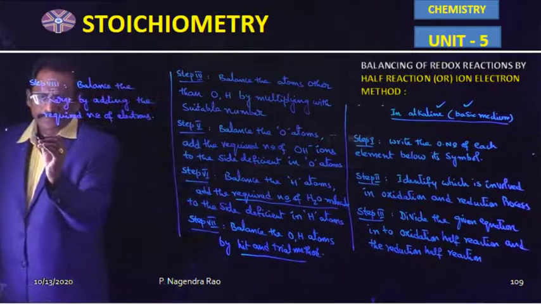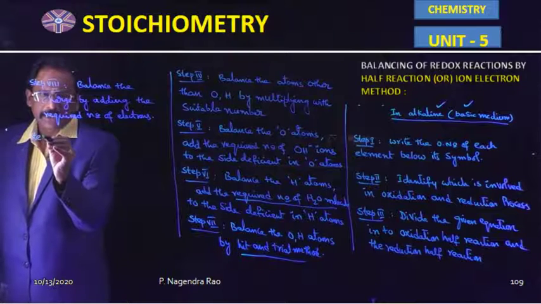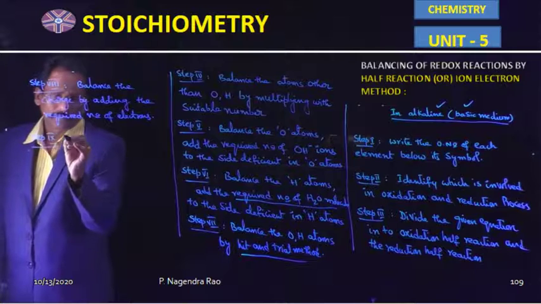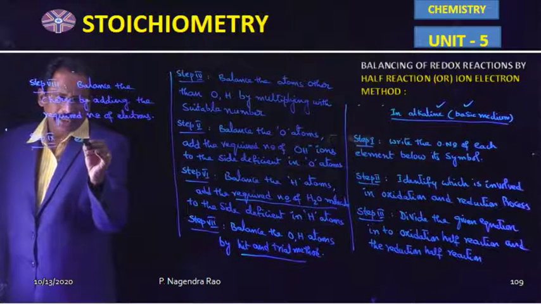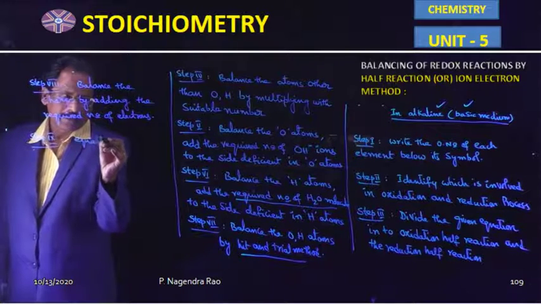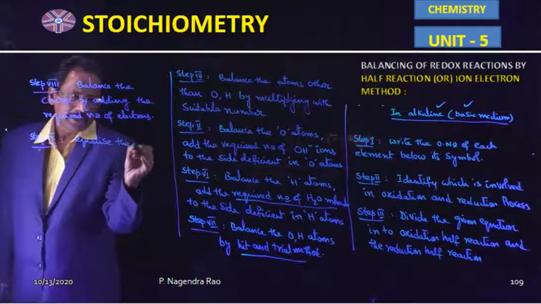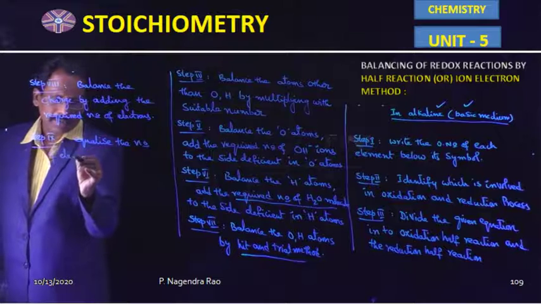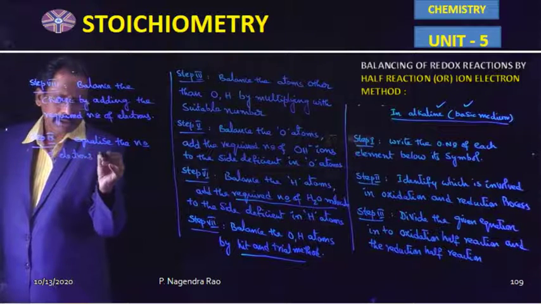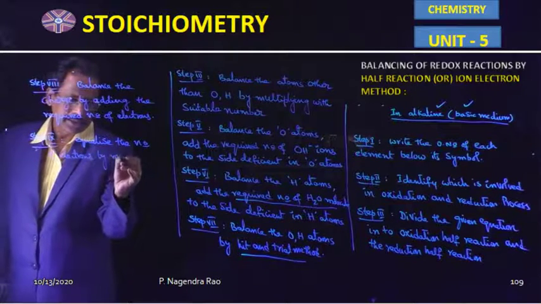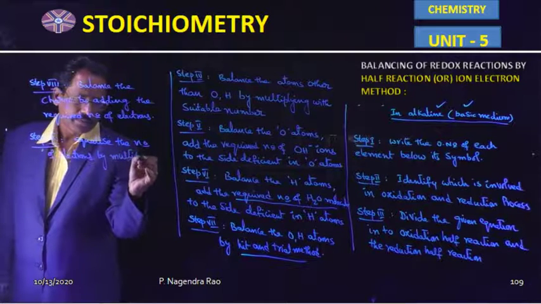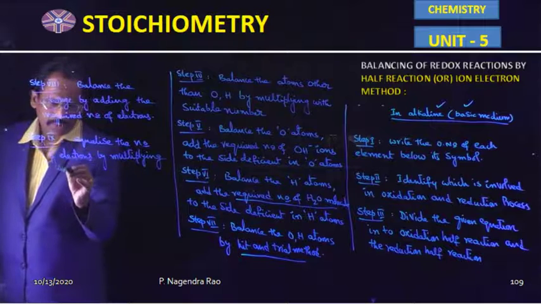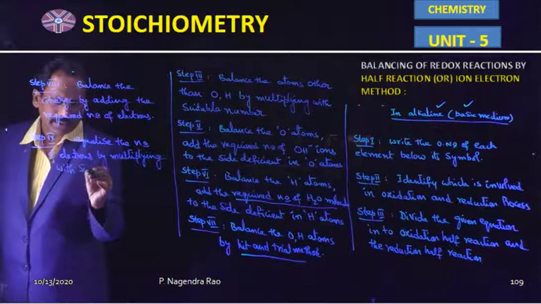Now, next step is equalize the number of electrons by multiplying with a suitable number.